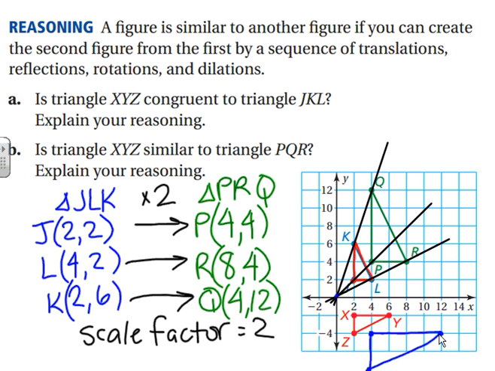You could dilate it first, and then you could take this triangle and translate it up. And then if we rotated it around point P, that would work. So just know that all of your transformations, basically they follow the commutative property. You can do them in any order and get from one to the next.